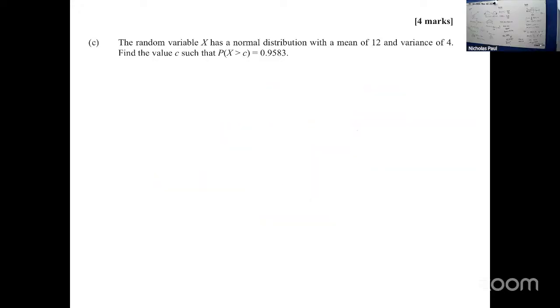Next, they gave you a normal distribution. X follows a normal, mean 12, variance 4. My advice here is to write variance as standard deviation squared. Now they want the probability that X is more than C equal to 0.9583.